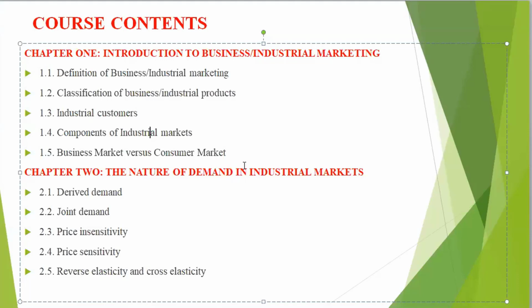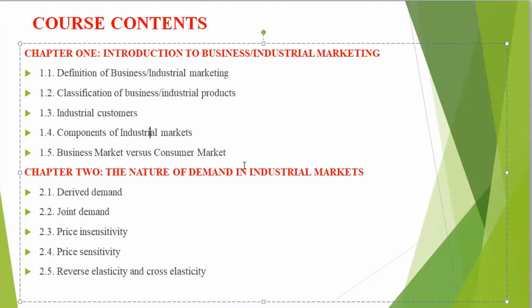This is the relationship between price and demand. But if as price increases, the amount of product you purchase doesn't change, this product is simply price insensitive, regardless of the change in price.